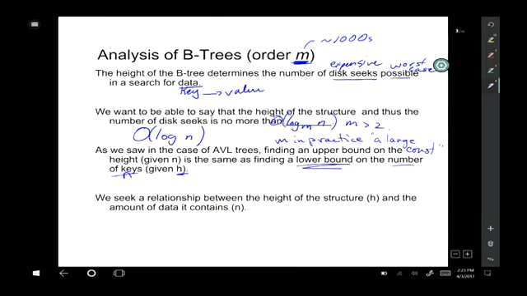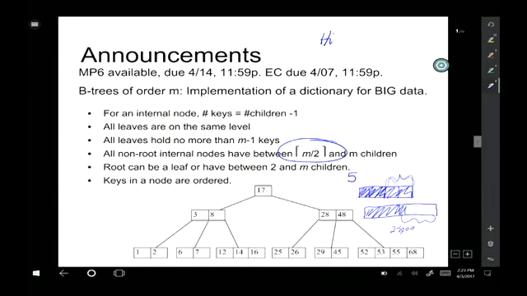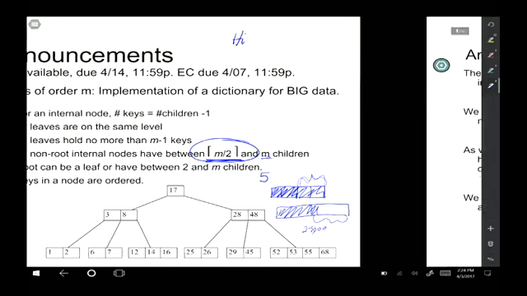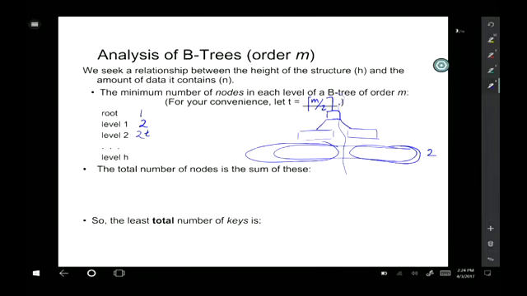That's what this characteristic tells you, right? All non-root internal nodes have between the least number is this many children and the most number is that many children. Okay, any question about that? Okay, so how about the next level? I'll give you a hint.